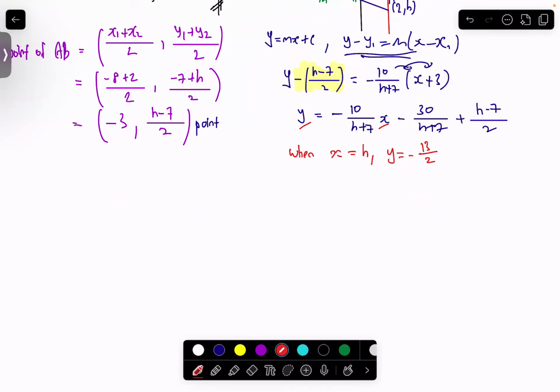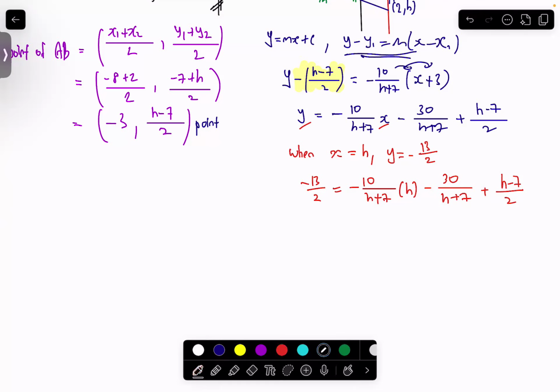So -13/2 = -10/(h + 7) multiplied by h - 30/(h + 7) + (h - 7)/2. You realize that in this step, I'm only left with one unknown, which is h, which means I just need to solve for h.